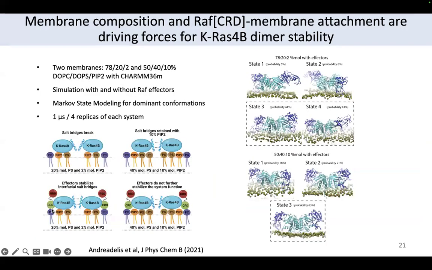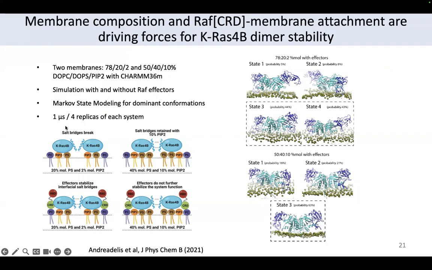Therefore, we wanted to proceed with calculations of molecular dynamic simulations to see whether we could find any other conformations. Because we had one crystal structure of the dimer, but it was in water, not on the membrane. So we placed this structure on the membrane and on two membranes with a different concentration of a signaling lipid PIP2, simulating with and without effectors, and also performing Markov state modeling to find the dominant conformations.